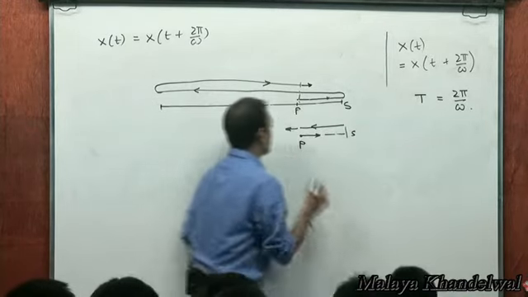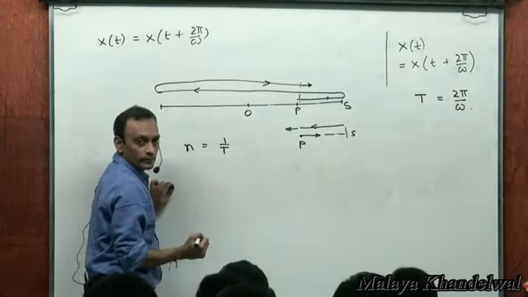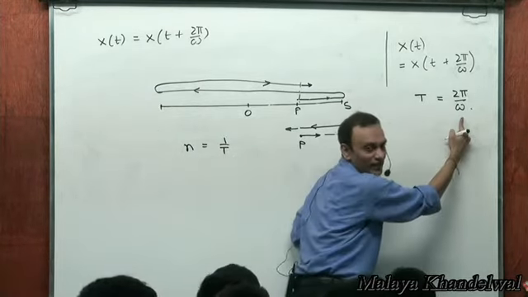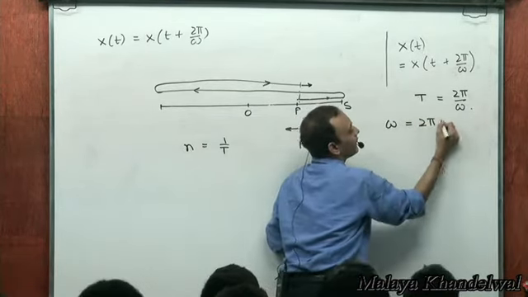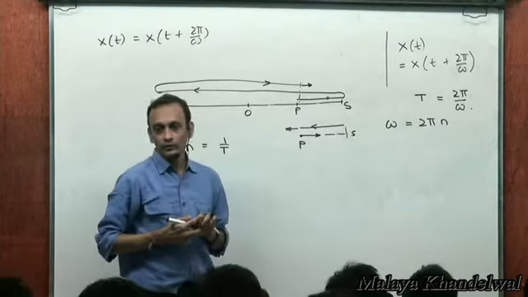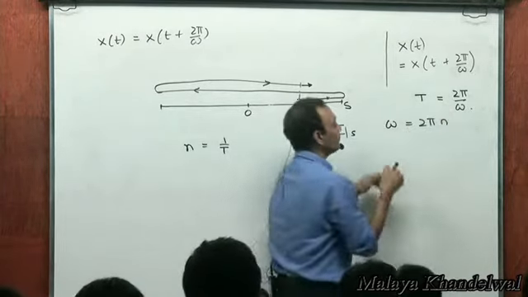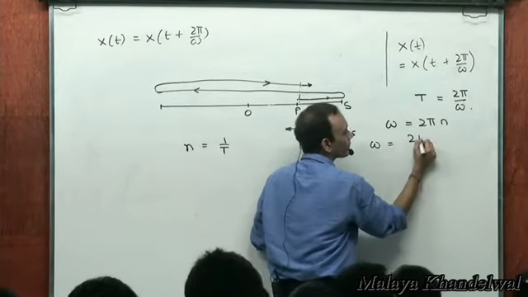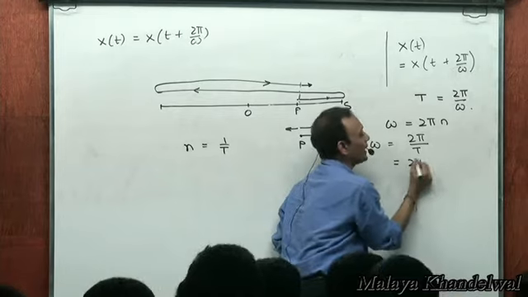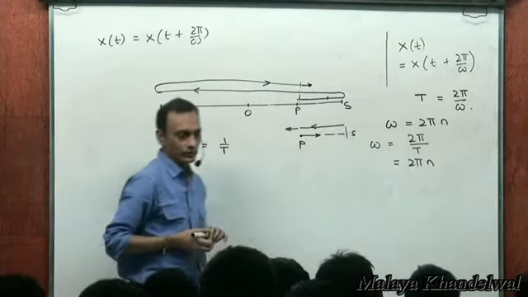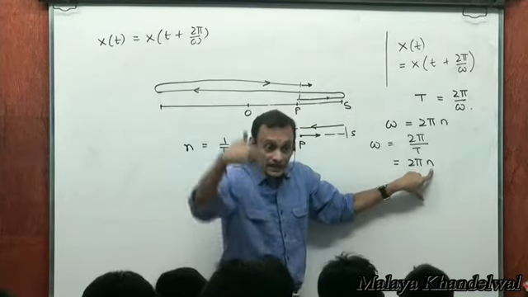Now, the frequency of the particle would be 1 by T. If I write this 1 by T as n, then omega turns out to be 2 pi n. See, omega is 2 pi by T, where 1 by T is n. So this is 2 pi n. And 2 pi is in radians, n is in per second.